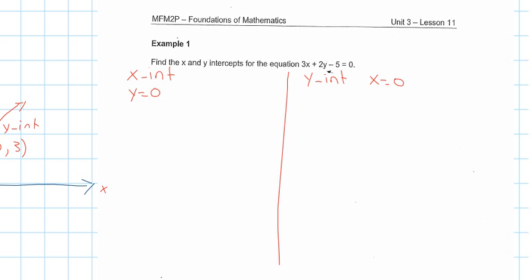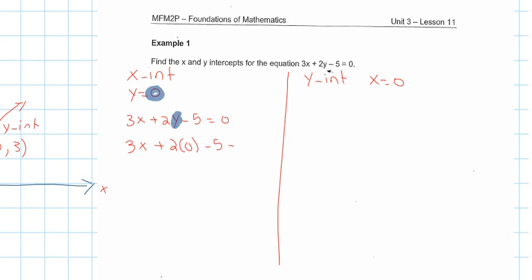So basically, I have 3x plus 2y minus 5 equal to 0. I'm going to have to replace the y with a 0, okay? So that is 3x plus 2 times 0 minus 5 equals 0.